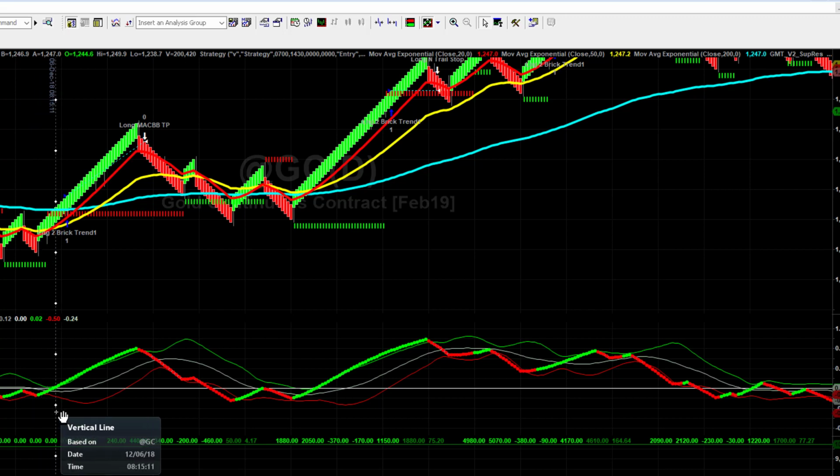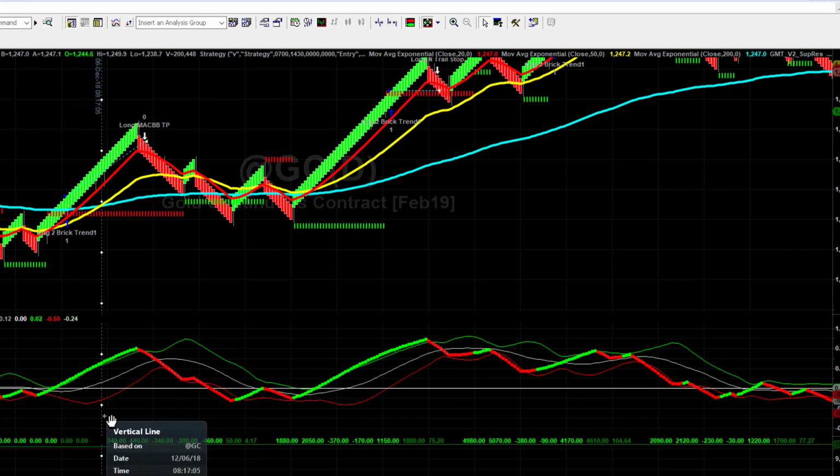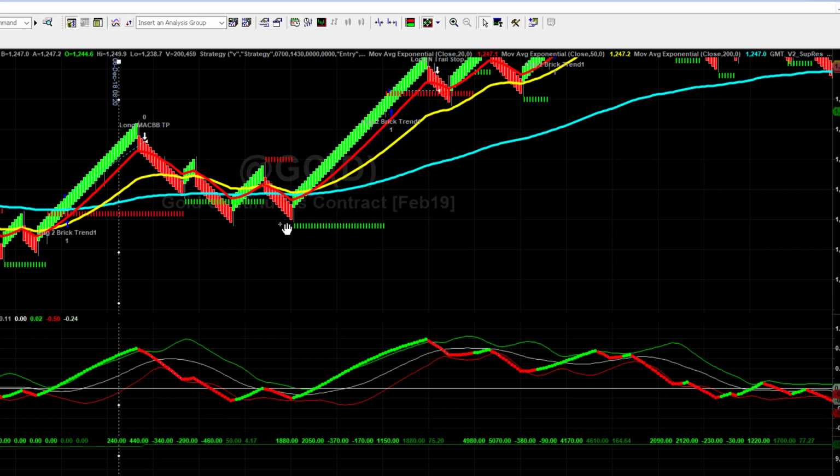That would be the catalyst to go long and take the trade, and then obviously we get a nice little rally up, and the system gets us out at the top of that push. So that's a nice little long.